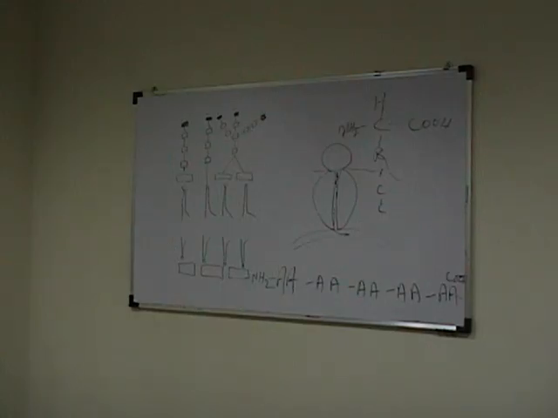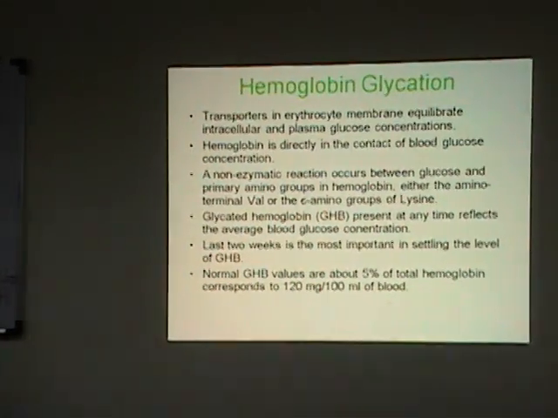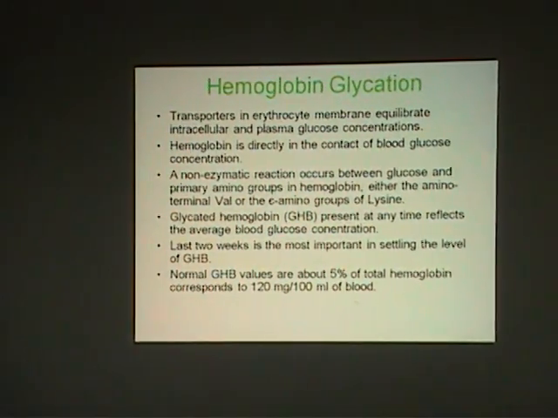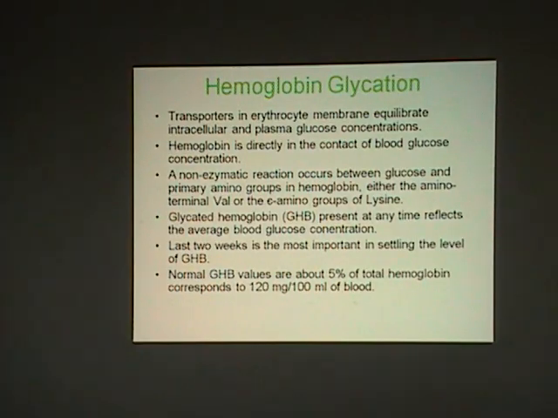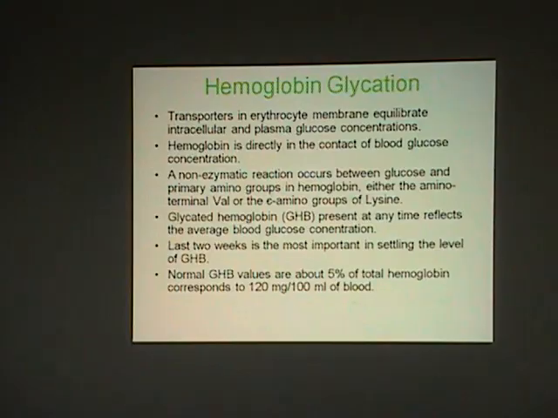If 5% of hemoglobin is glycated, it means the blood glucose level is 120 milligram per 100 milliliter of blood. If it is 13%, then what will it be? Particularly in a diabetic patient, it is around 13%.